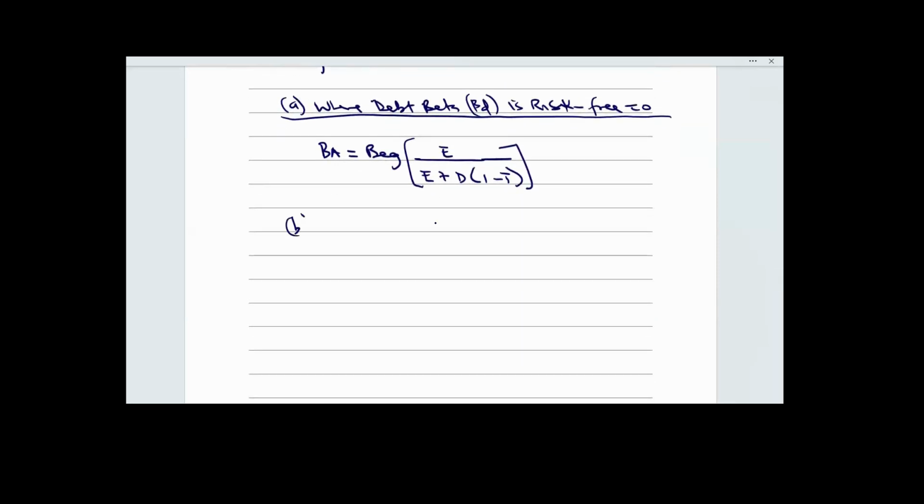Alternatively, where debt beta is given, then you are going to use the extended formula.